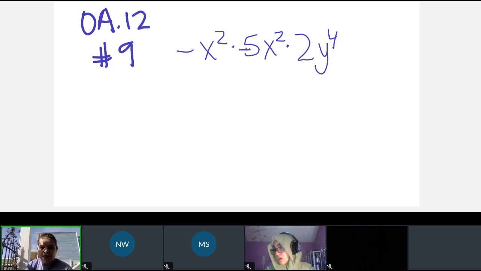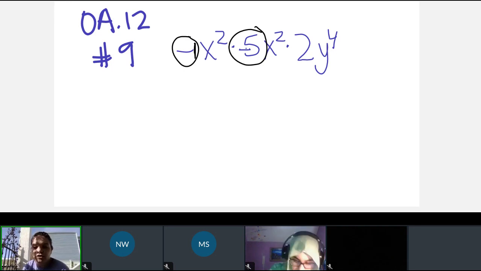What I like to always do first is go ahead and multiply out my numbers. So this would be negative 1 times negative 5. And you can do this in 2 parts if that helps you. Negative 1 times negative 5 would be positive 5. No, we're not adding.